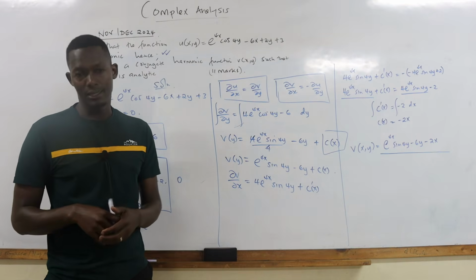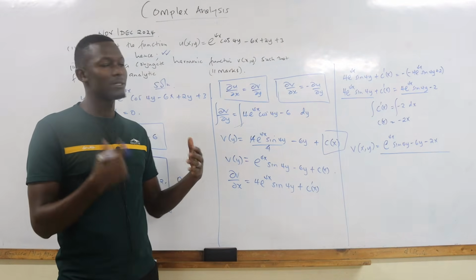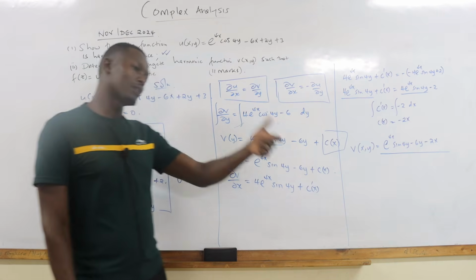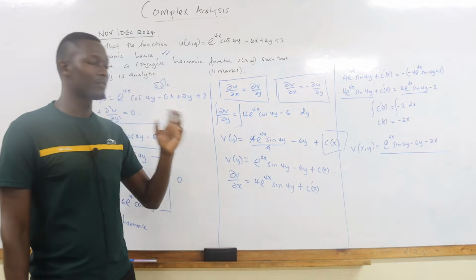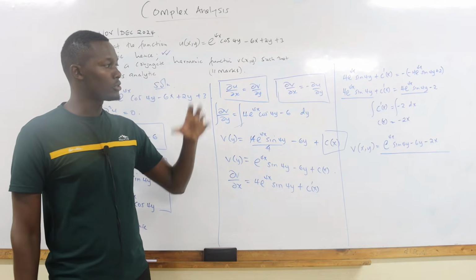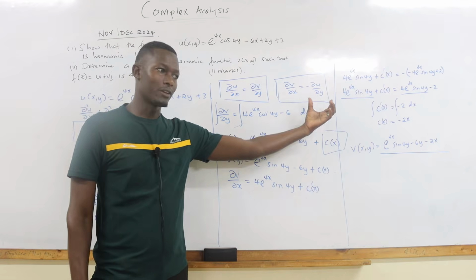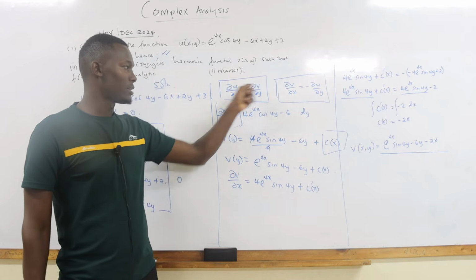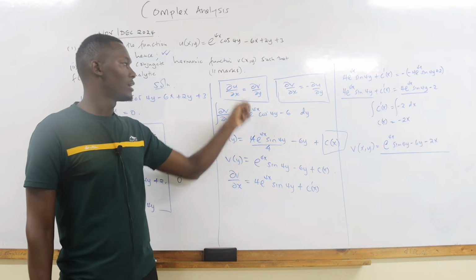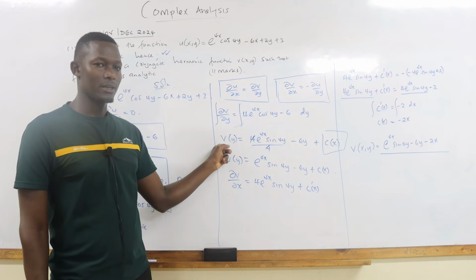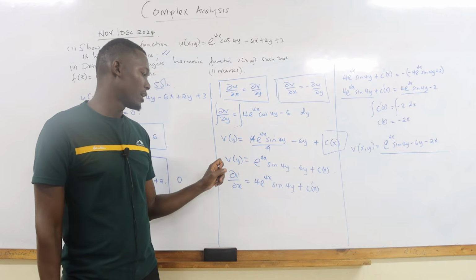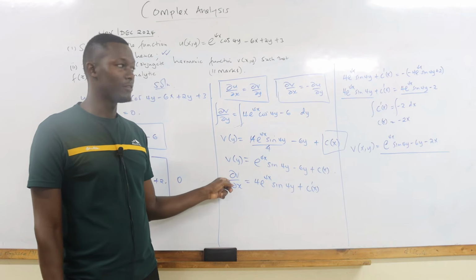And that is the function that makes f of z analytic. These are the same steps you will follow again and again when you're determining another conjugate function that makes the function analytic. So use the two conditions that you have been given to get what you need. Use the first one, compare this and this, so you'll have dv dy, then integrate for you to get v. Then differentiate the function of v for you to get dv dx.